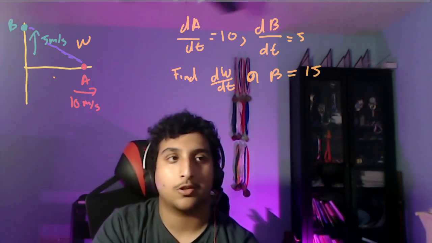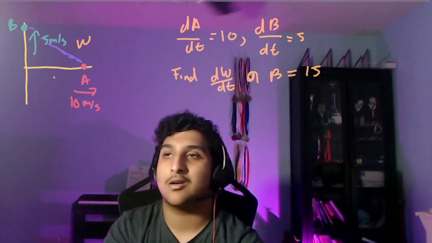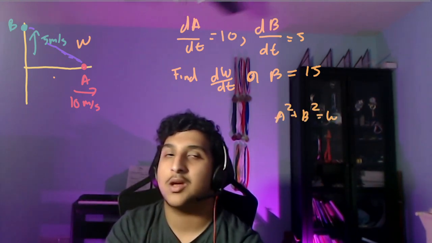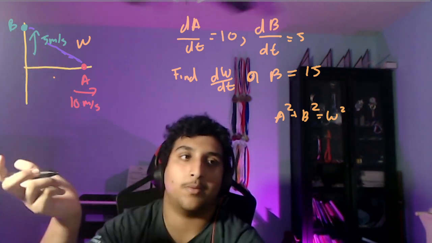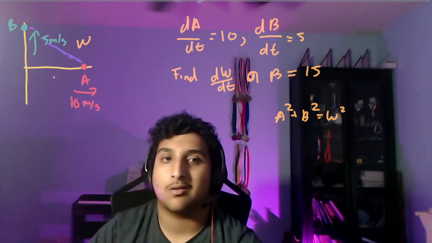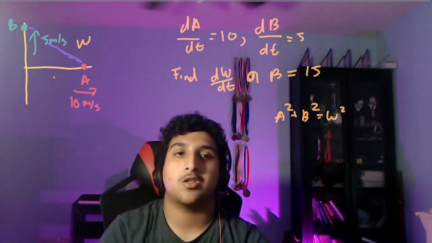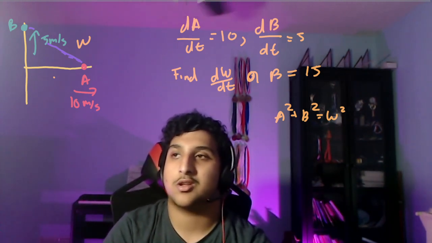Great. So once again, we can use the Pythagorean theorem. We know that a squared plus b squared is equal to w squared. A is the distance from the origin, b is the distance from the origin as well. And then w is the hypotenuse. Great. So since this is all based on time, we can just do another implicit derivation and get the same result again.